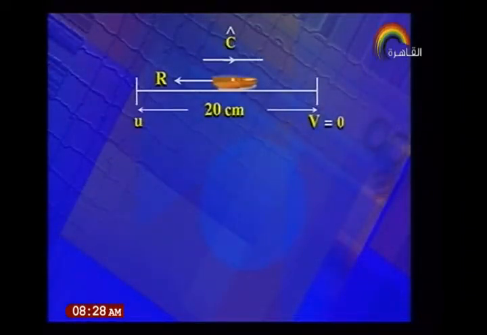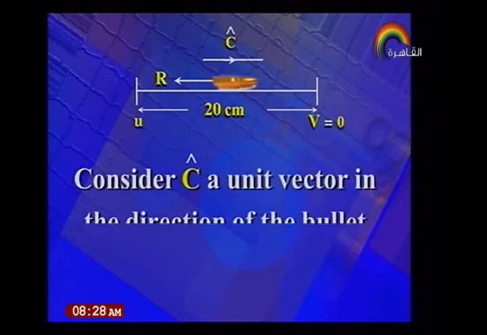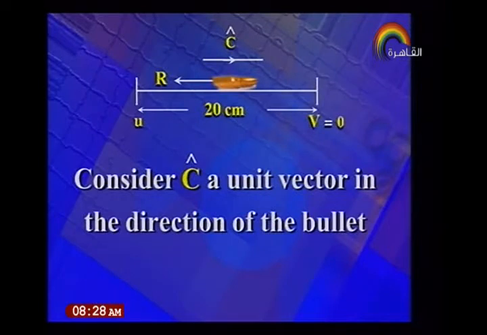Look at the bullet. What is the c vector? The unit vector in the direction of the bullet. The direction of resistance is opposite the motion, so the R vector is opposite the c vector.